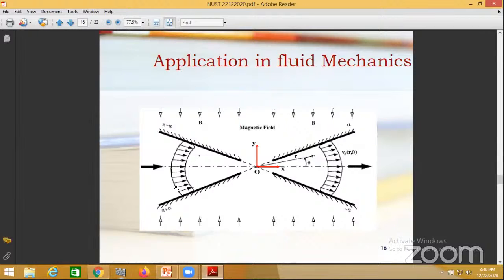This is one of the examples I have chosen to display the accuracy of these methods for problems of boundary layer flow. This is the problem of fluid flow through a convergent or divergent channel under the effect of a constant magnetic field.